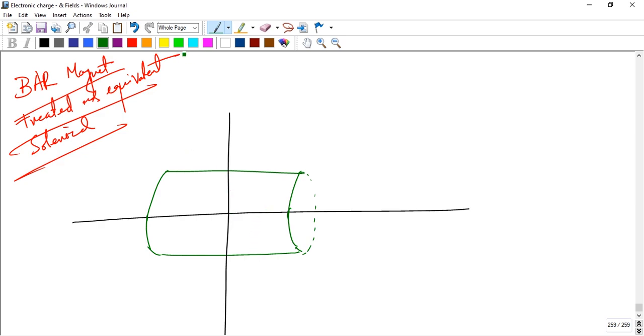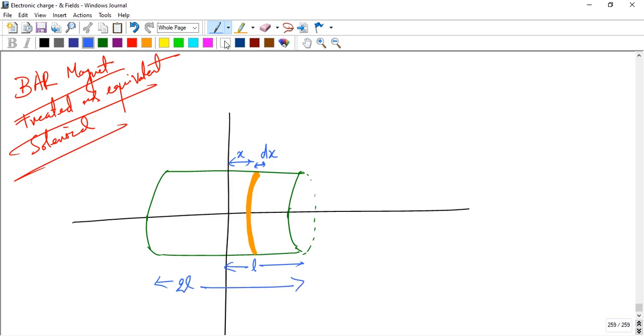Here we draw a very thin differential length. Suppose this length is x and this differential length is dx. The length is L, and the total length of the conductor is 2L.